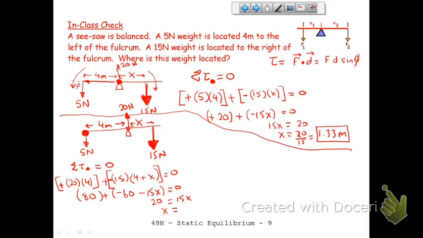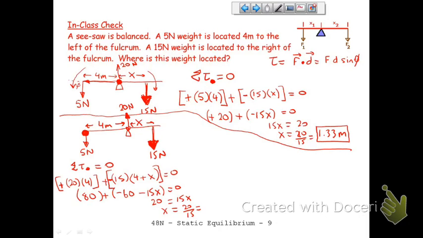So x is equal to 20 over 15, which equals, let me just check I did that right. 20, that goes in a counterclockwise direction, which is positive, and then I have my minus, and that is 15 times 4.